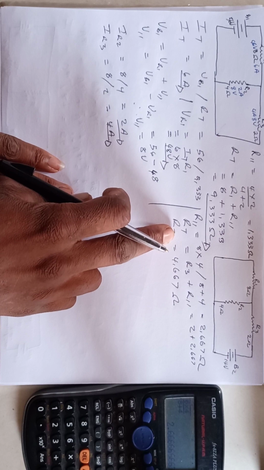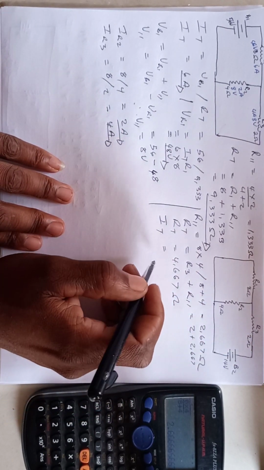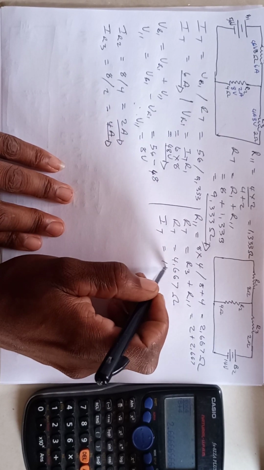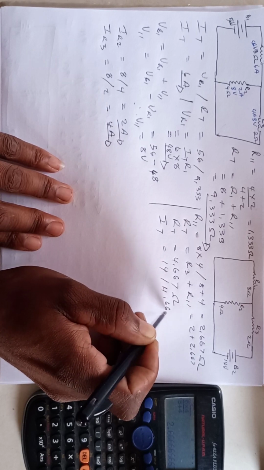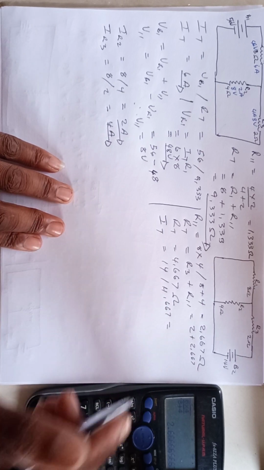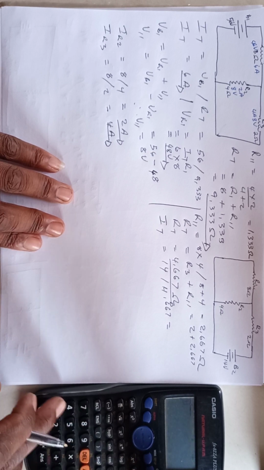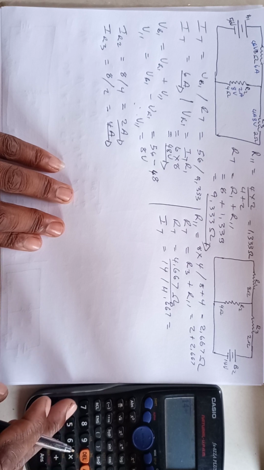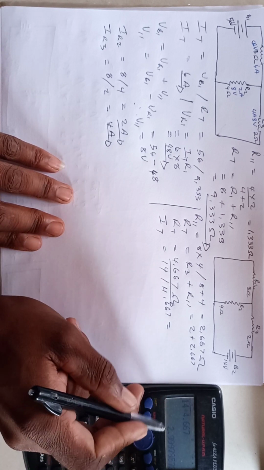So after getting the total resistance, we calculate the total current of the circuit, which we know will be the current across R3, and that total current of the circuit will be calculated by 14 divided by 4.667, and it turns out to be, that's almost 3.